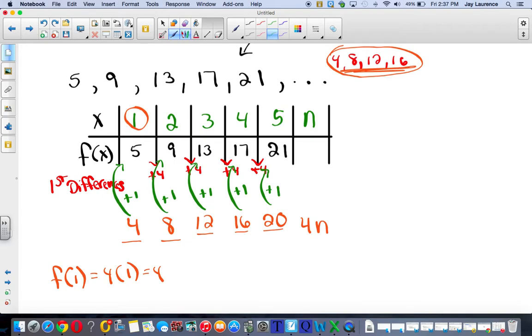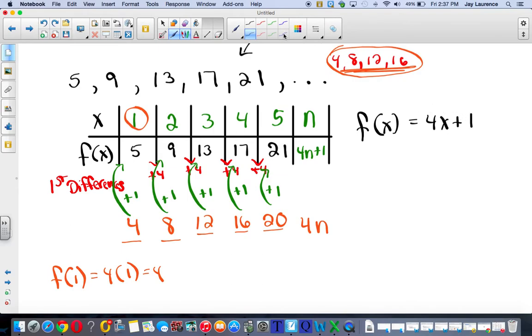So my nth term isn't going to be 4n. It's going to be 1 more than 4n, or in other words, 4n plus 1. There's the nth term. Now my function will become f of x. That'll equal 4x, because I'm putting x in, not n at this time, plus 1.